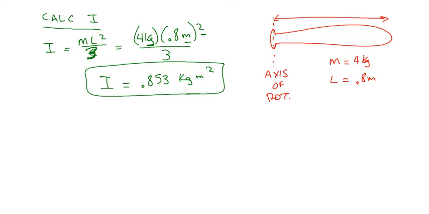Let's say now that I apply a force out here on the end of this thing. Let's say that the force is equal to 15 newtons right there. And I'd like to know how fast that speeds up its rotation. When I push on it, I expect to see it speed up.